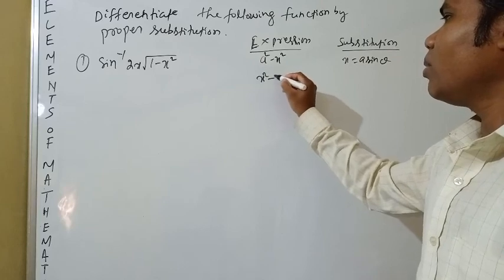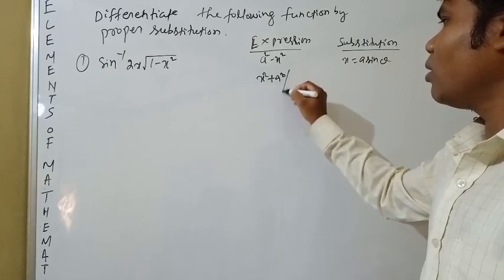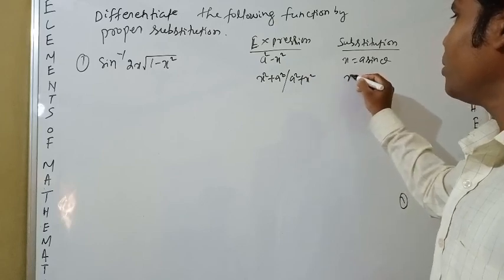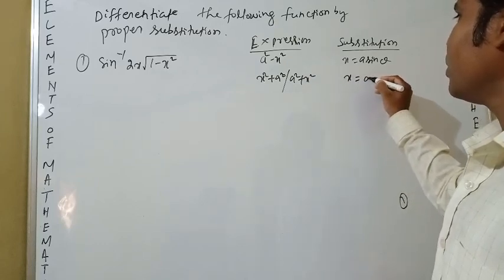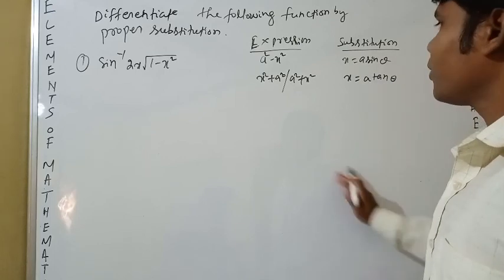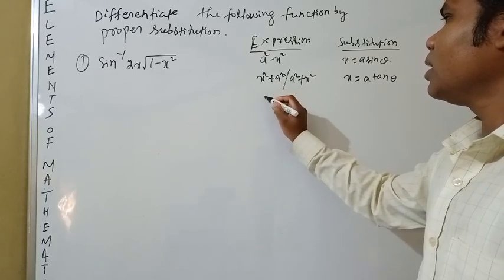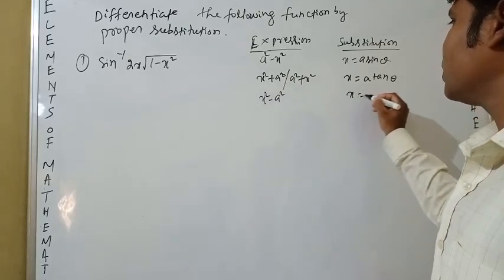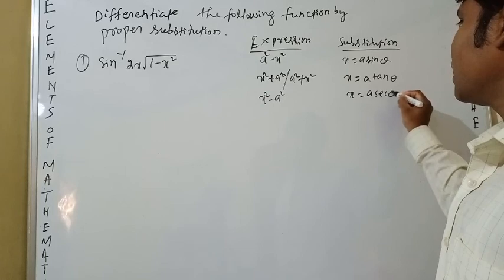When x square plus a square or a square plus x square is given, we have to put x is equal to a tan theta. When x square minus a square is given, we have to put x is equal to a sec theta.